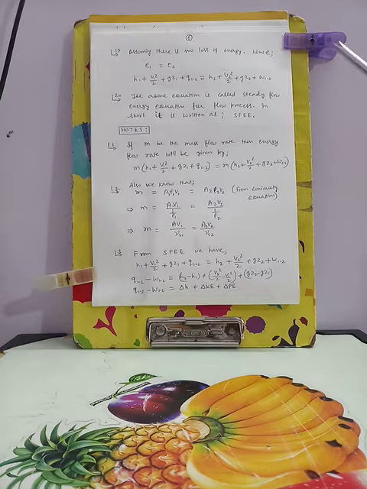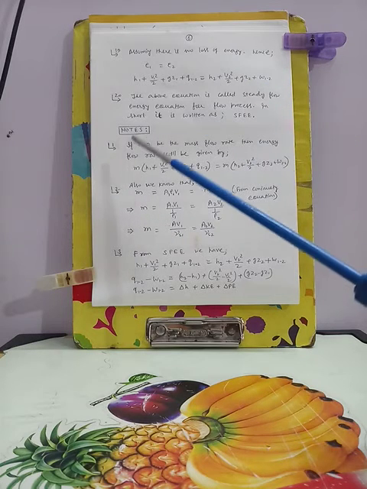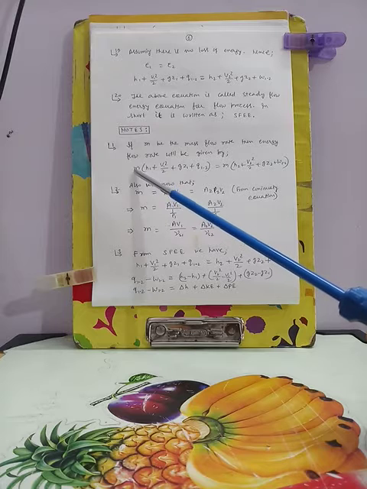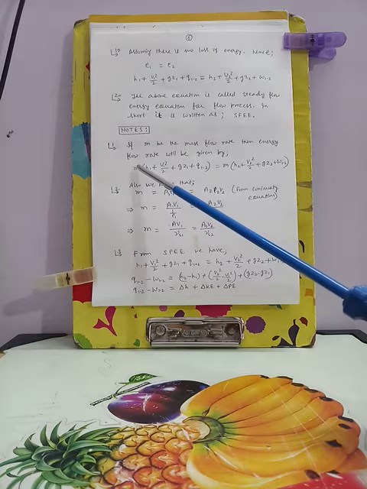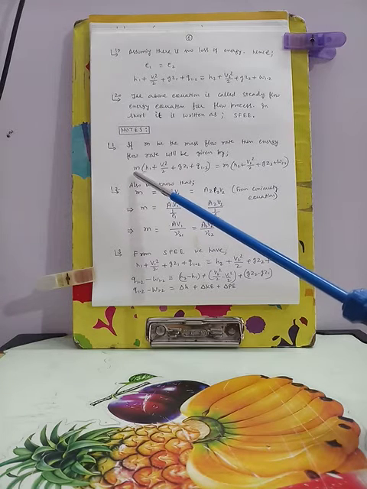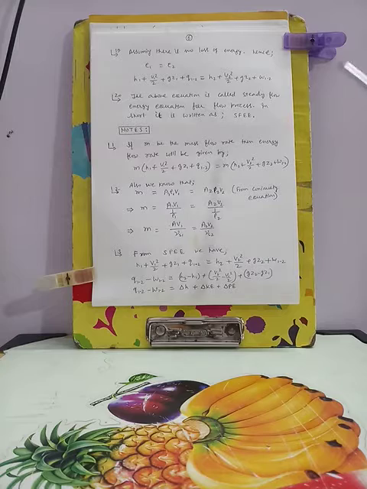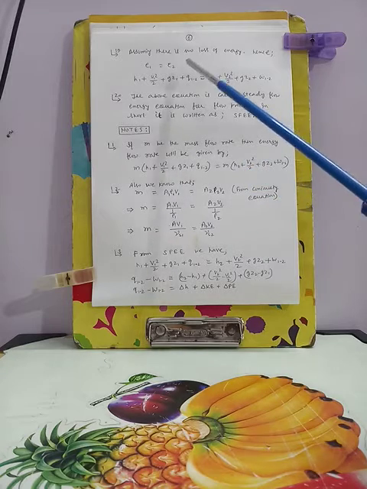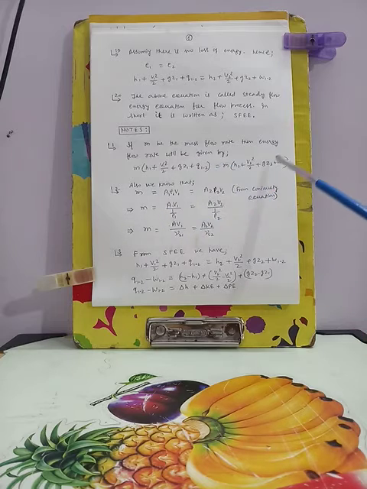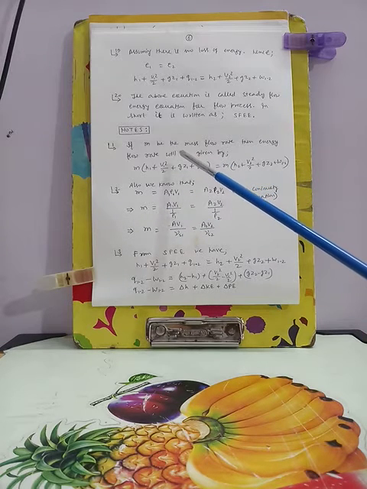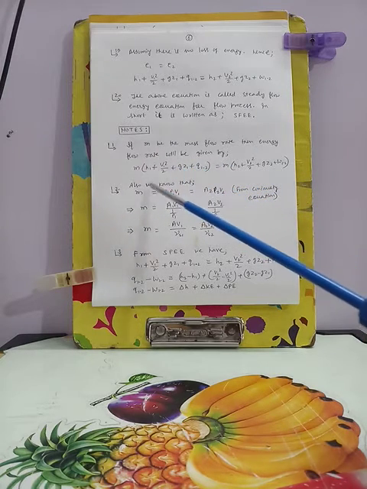But if we know the rate of flow of mass, suppose m is the rate of flow of mass, meaning m kg mass per second is flowing through the system, then simply by multiplying with m on both sides of this equation we will get the rate of flow of energy.